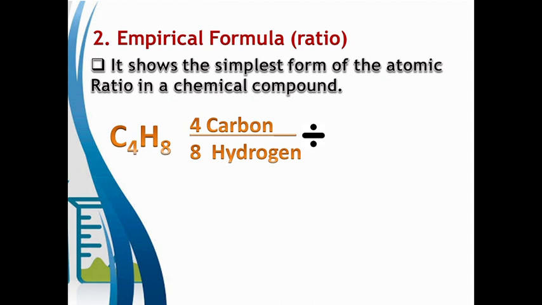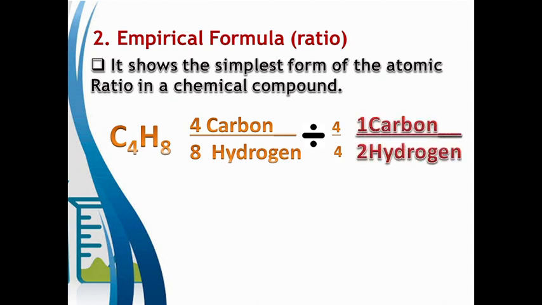In cyclobutane, 4 over 4 can be divided by itself. 4 divided by 4 gets 1 carbon, while 8 divided by 4 is equal to 2 hydrogen. This is the simplest ratio of the compound.